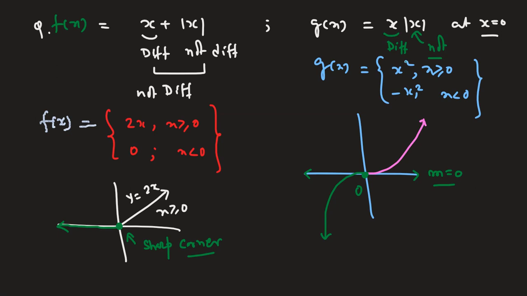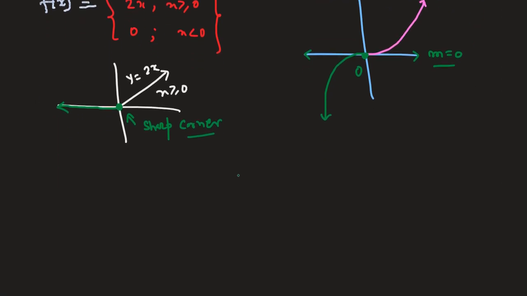In the next video, I am going to cover some questions that generally come in IIT JEE, based on the topic of continuity and differentiability together. They ask: check continuity and differentiability of the function, over some interval or at some points.